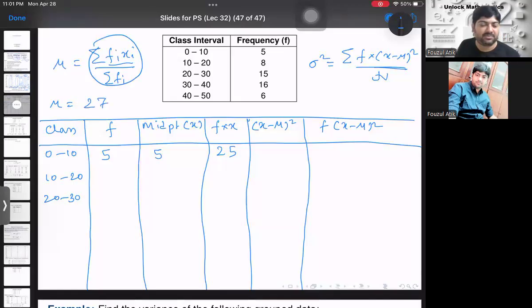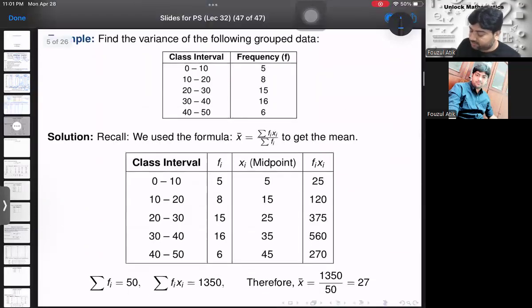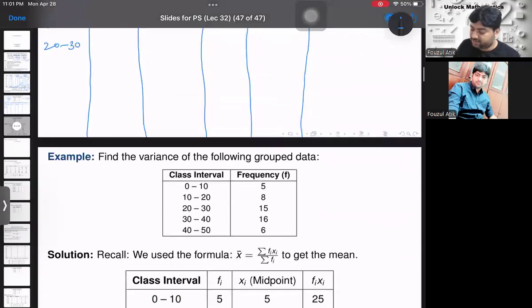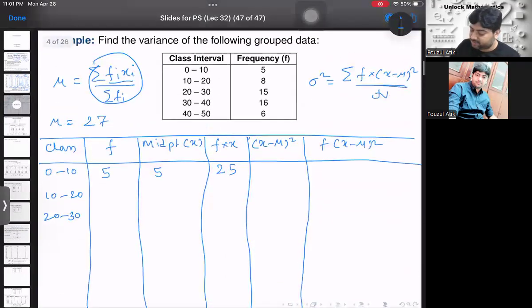We have done this problem earlier, right? So what is x minus mu then? Your first job is to calculate the mu value that we have already calculated in an earlier example, which was 27. Right? Now that I know this mu value, we can get x minus mu whole square.